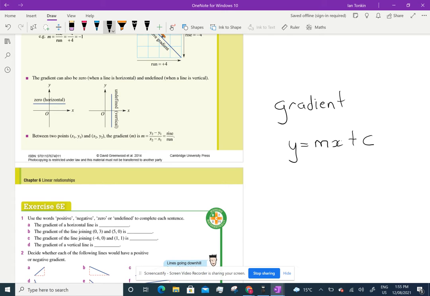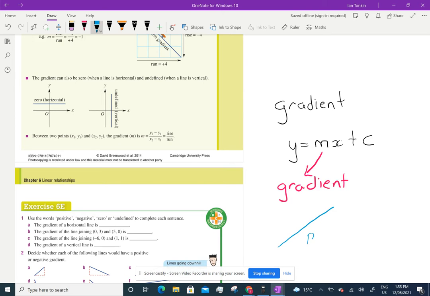When you use this textbook, it's going to say b, but the new textbooks, the new syllabus guidelines, say c. The m represents a gradient. It tells you what the line is doing. So we've already done plotting lots of lines and using that formula, but we haven't actually talked about what that number does there.